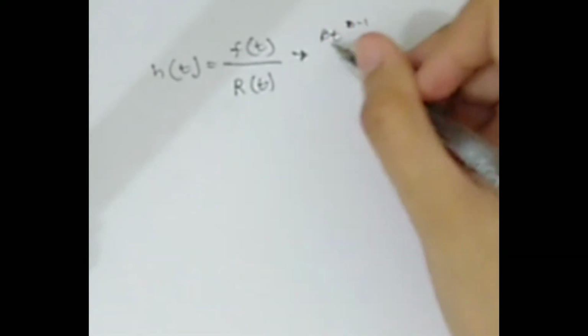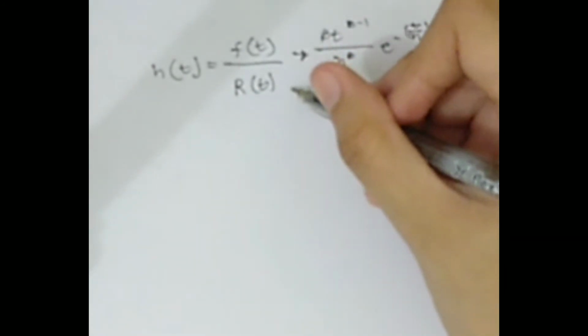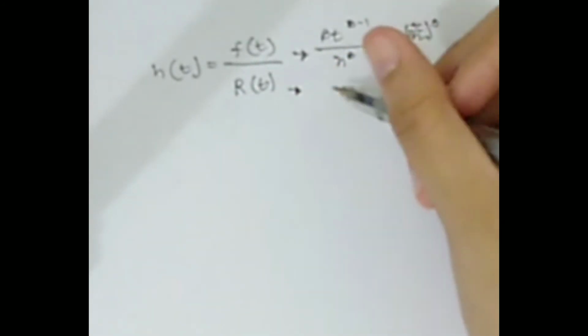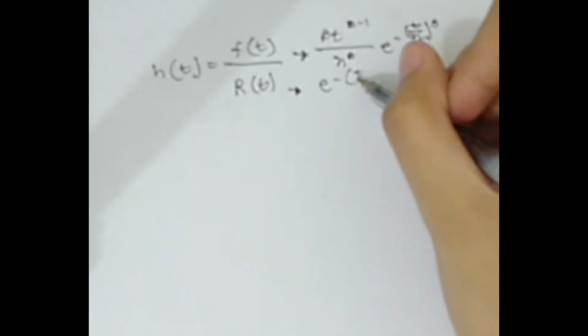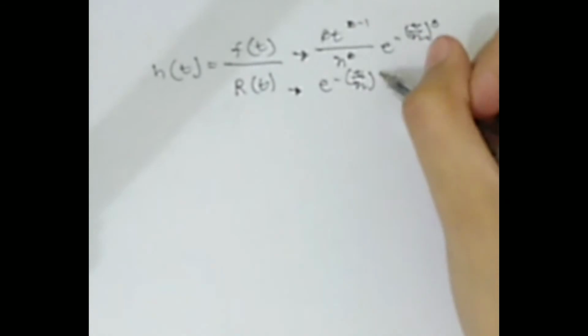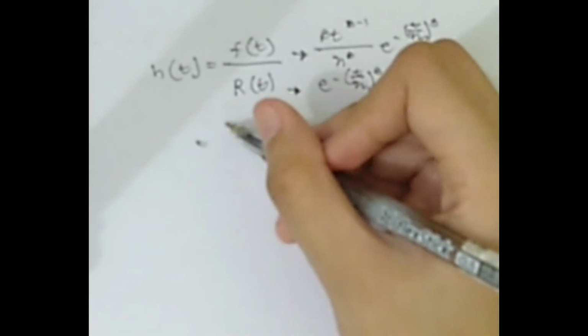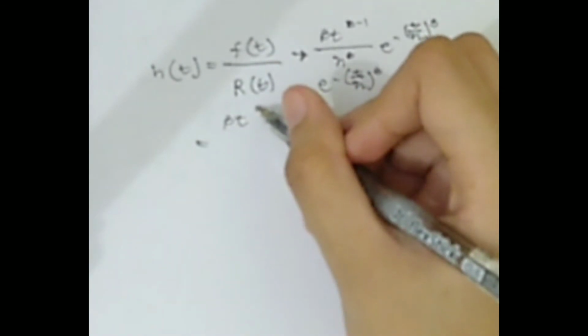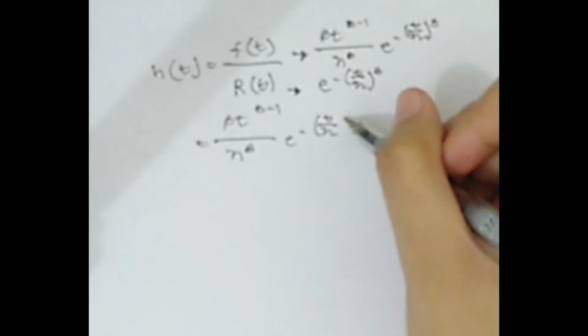Since the value of f(t) is equal to beta times t raised to beta minus 1 over eta raised to beta times e raised to negative (t over eta) raised to beta, and R(t) is equal to e raised to negative (t over eta) raised to beta.